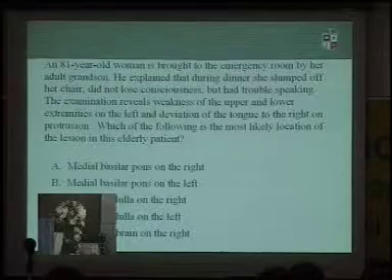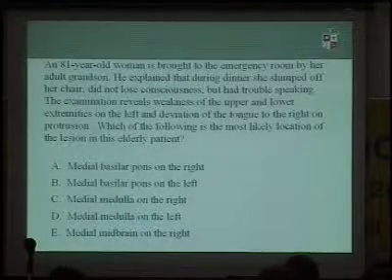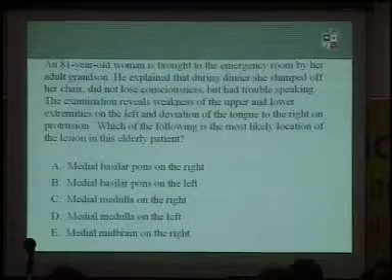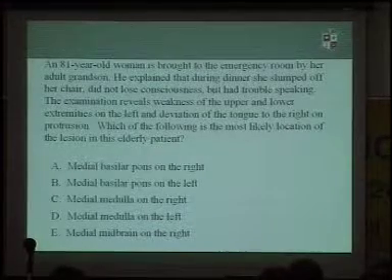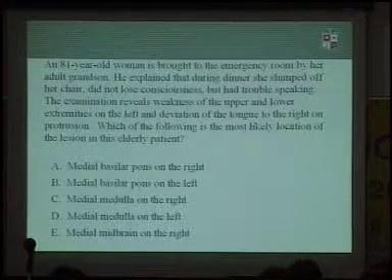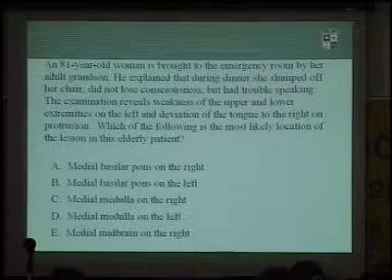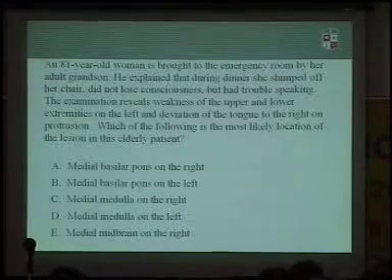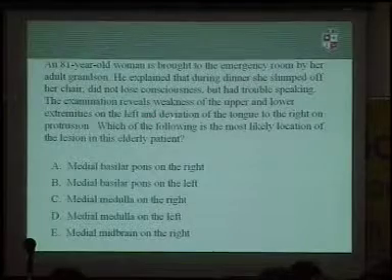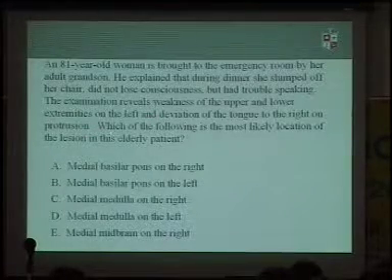Okay. Next question. An 80-year-old woman is brought to the emergency room by her adult grandson. He explained that during dinner she slumped off her chair, did not lose consciousness, but had trouble speaking. The examination reveals weakness of the upper and lower extremities on the left and deviation of the tongue to the right on protrusion.